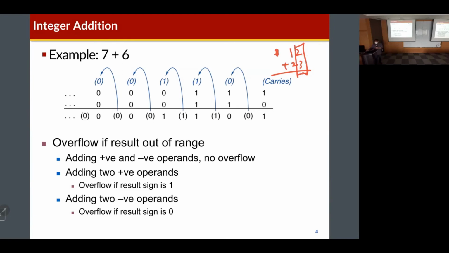If some digit generates a carry, like if the result of this digit is bigger than or equal to 10, then the carry is generated. So it's not a good example. Like 19 plus 23, then there's a 2, and then a carry is generated, like here.